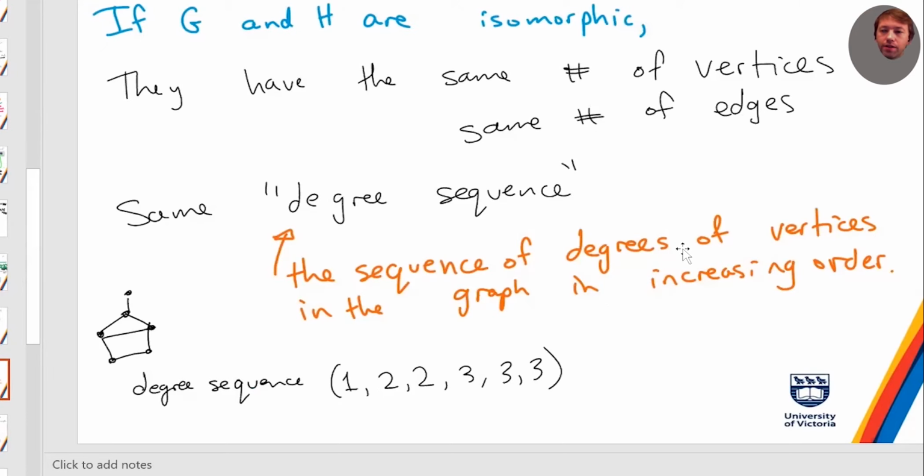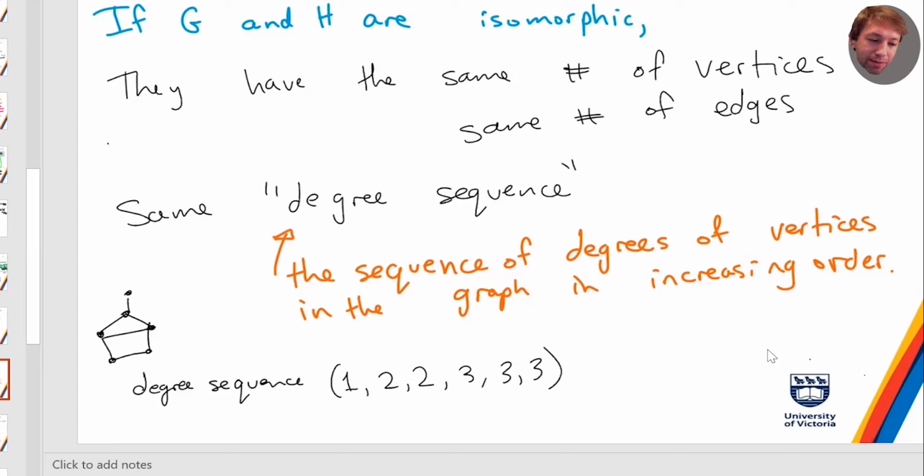Here's a few things. The way to show that two graphs are isomorphic, or generally the simplest way to do it, is to just find an isomorphism. Sometimes you might be asked to show that two graphs are not isomorphic, right? And there are lots of different ways to do that, because you don't have to look at every possible bijection and show that none of them are isomorphisms. That would be a bit tedious.